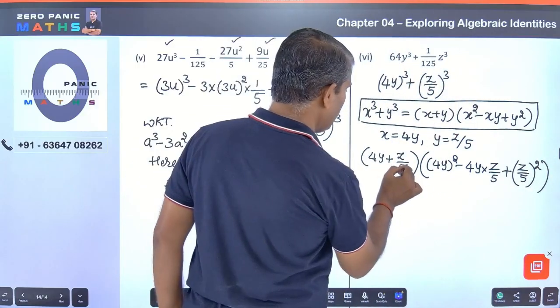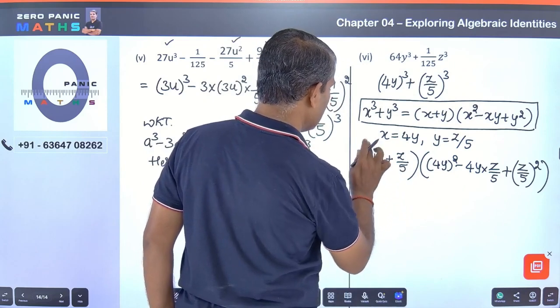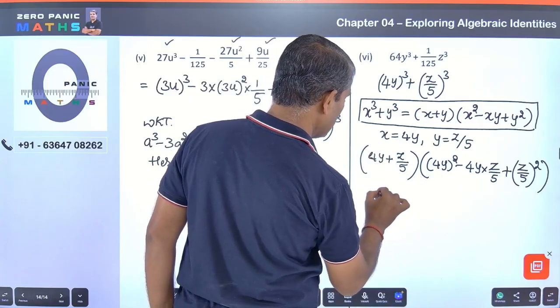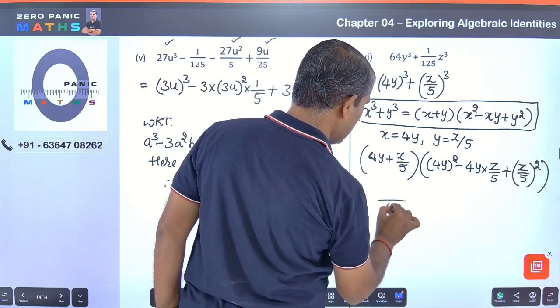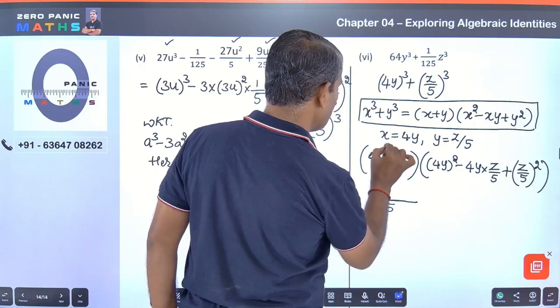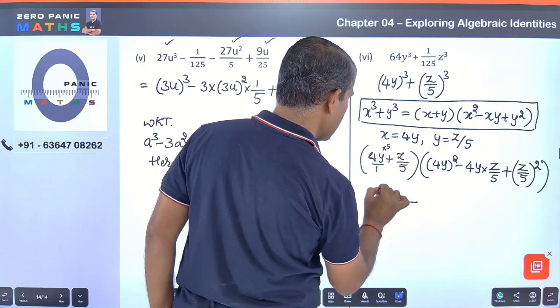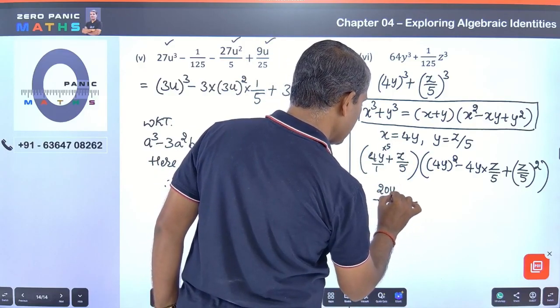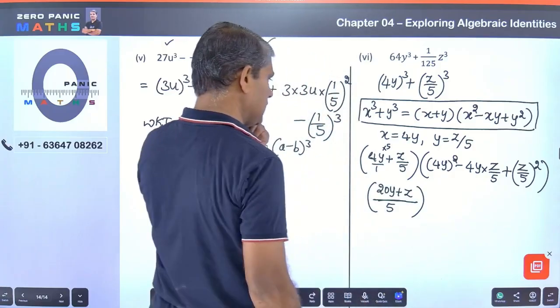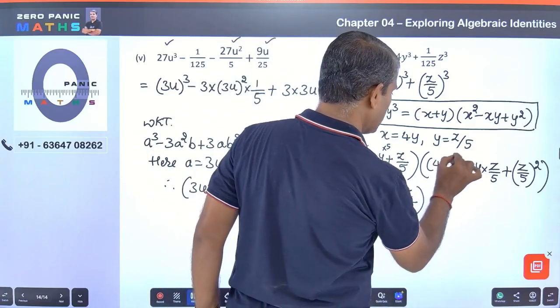Okay. Now, if you want, you can do again the LCM. Take the LCM, and it will be 5 in the denominator, and it is 1 here. So 1 5 is a, it is 5 4 is a 20y plus z. So it is the first bracket. Second bracket, it is 4 square.